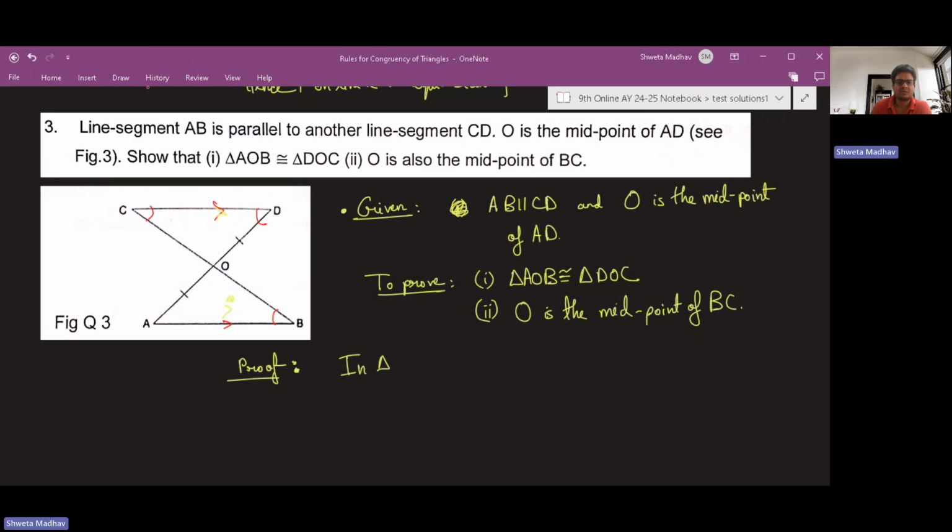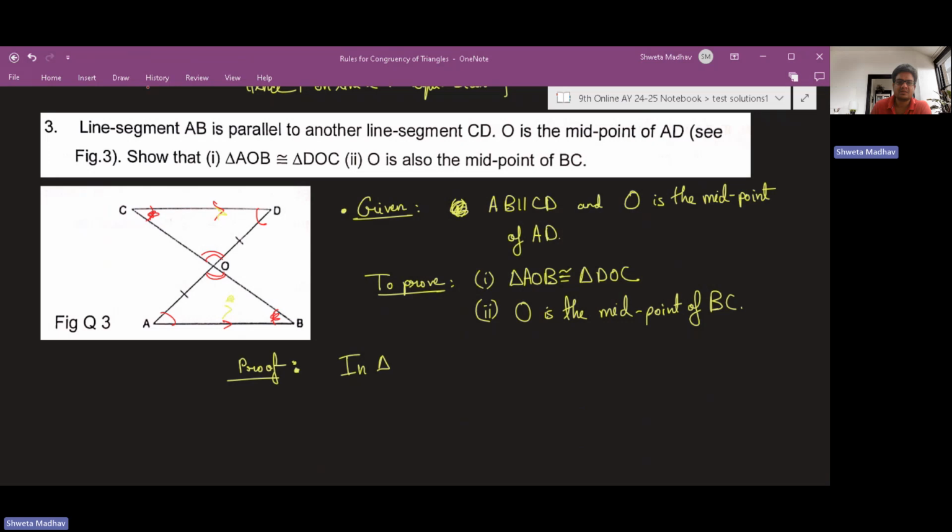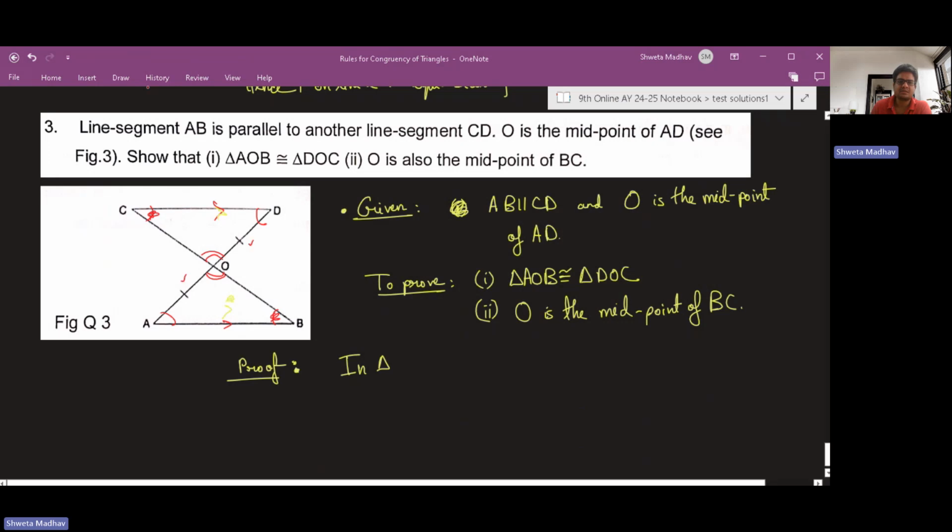And we have to say the vertically opposite angles are also equal. So we can show that these two triangles are congruent by the ASA rule, angle side angle, since the side which we take is the included side.